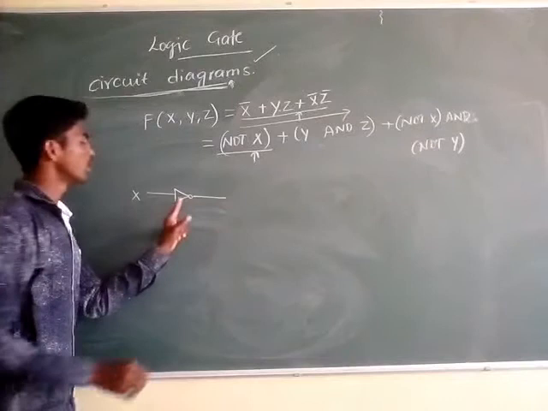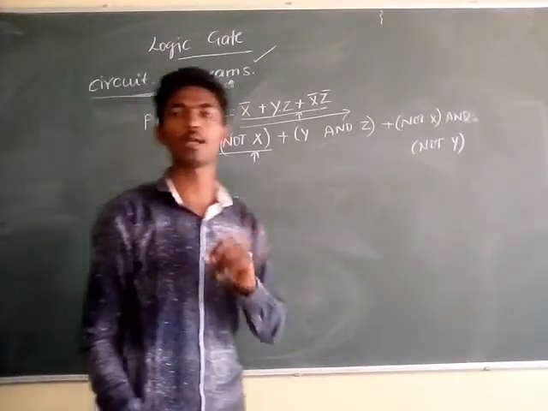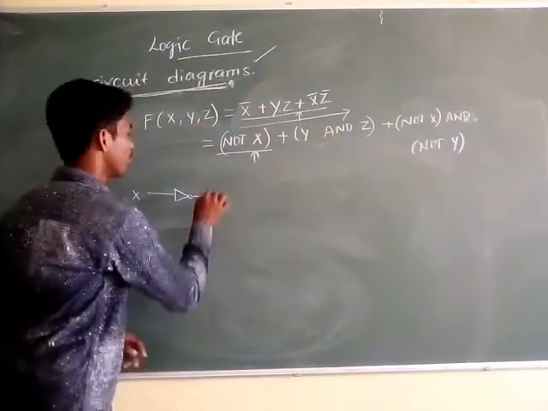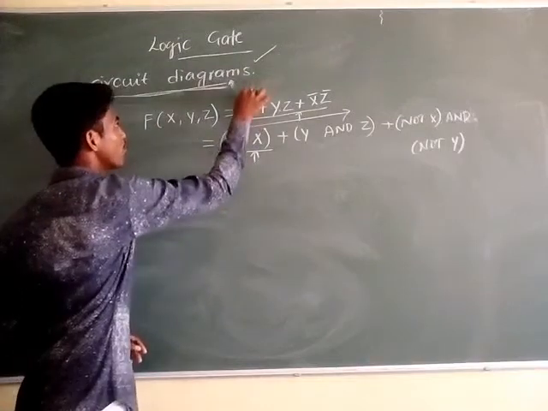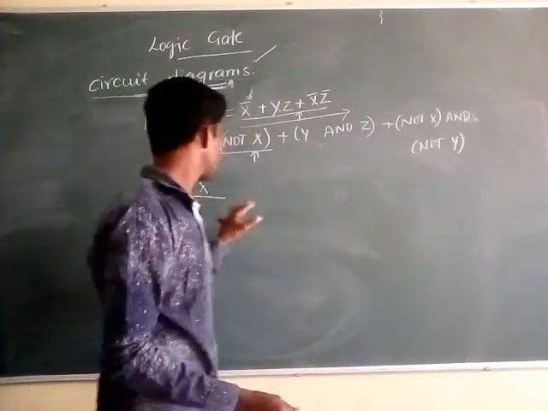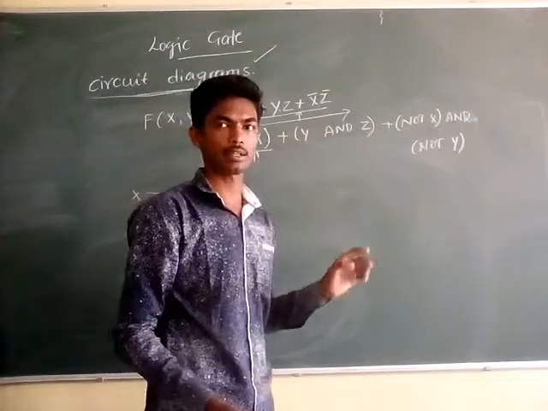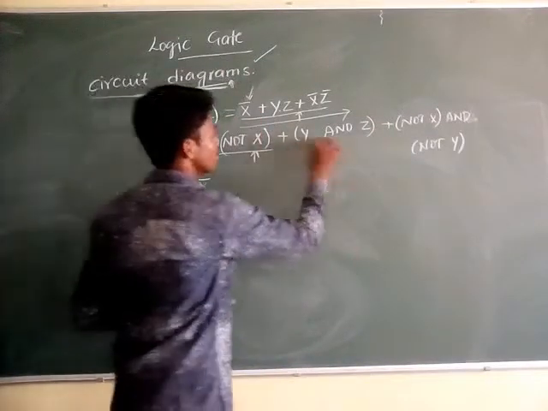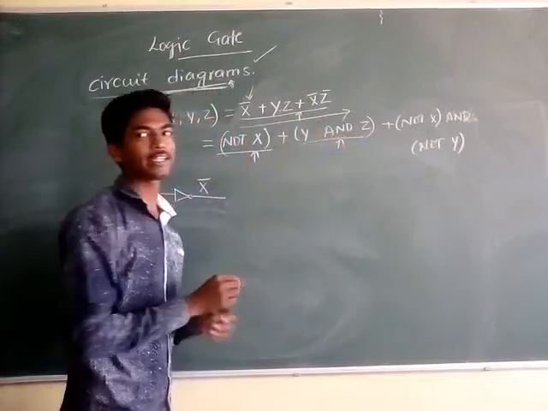Insert one NOT gate, provide the input X, and it becomes X complement, which is needed here. Then you connect this one to the OR gate. Now the second one is the AND gate.